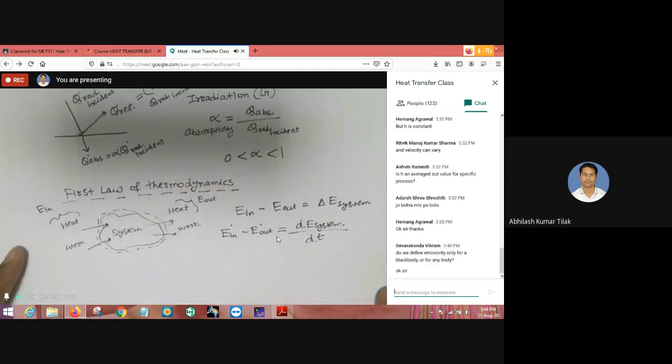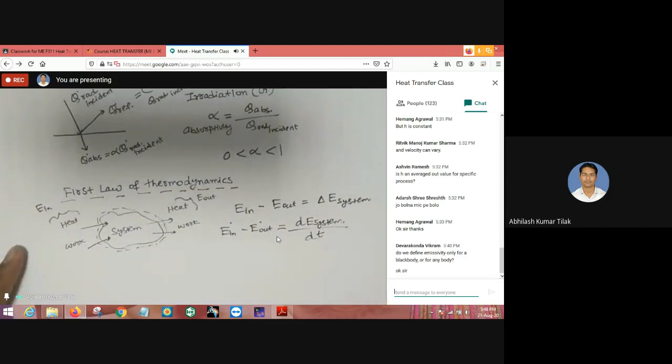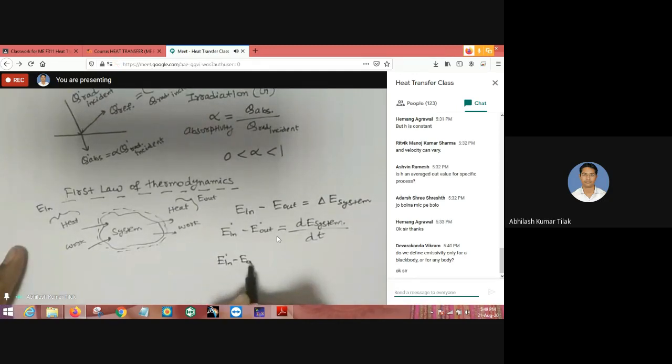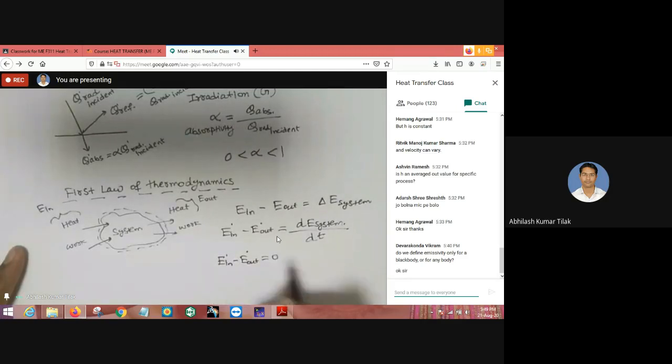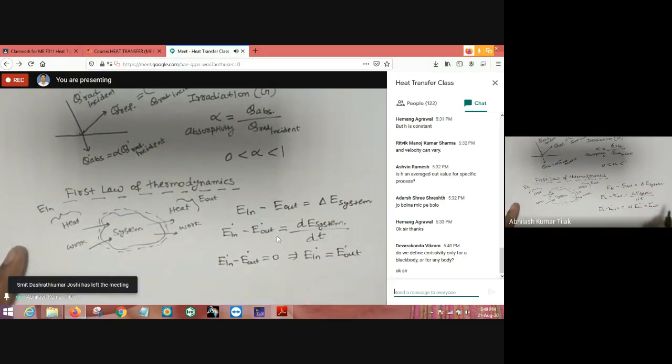Now if it is steady state, that means the values are not changing with respect to time, so this time derivative dE system upon dt will cancel out. In that case, I have E in minus E out is equal to 0, or E in, the energy entering the system, is equal to the energy leaving the system.